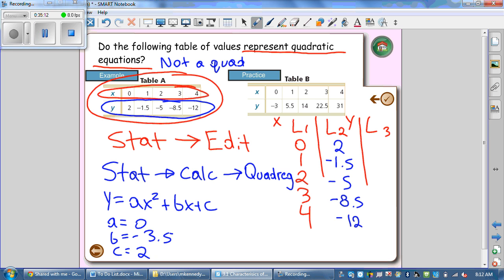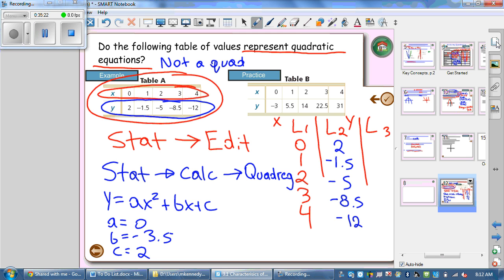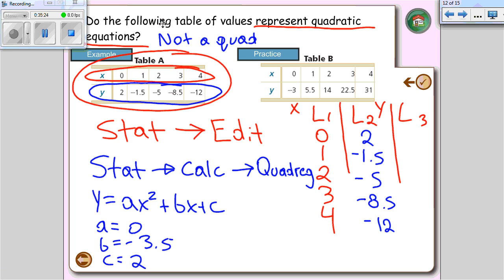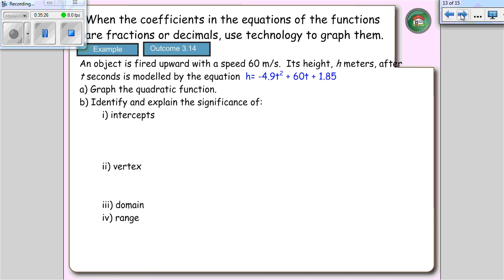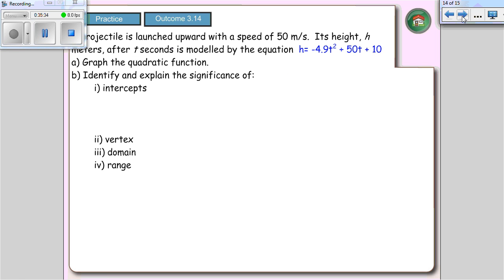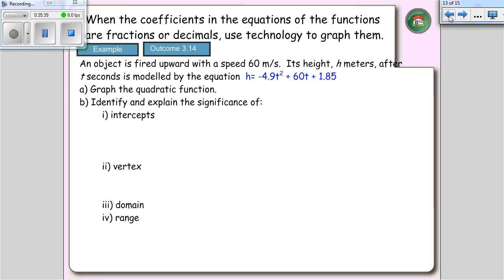Okay, just about done. The last 2 slides are just a couple word problems. Nothing has changed. And I want you to try those on your own. The only thing I'm going to give you a hint about is that these are now word problems, meaning that your domain and your range have to fit the context.